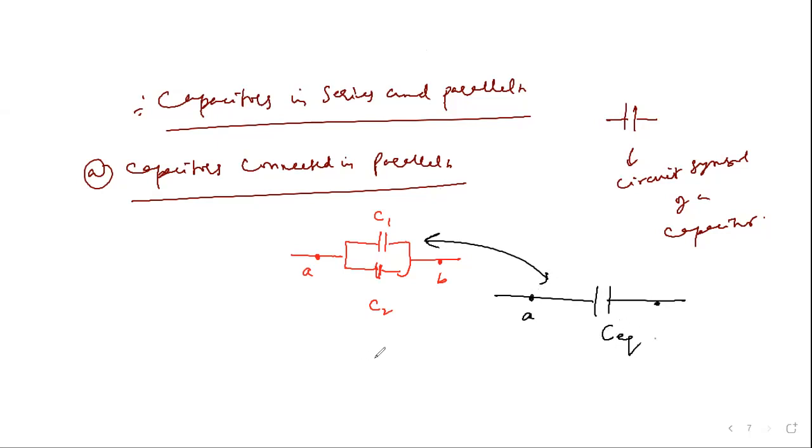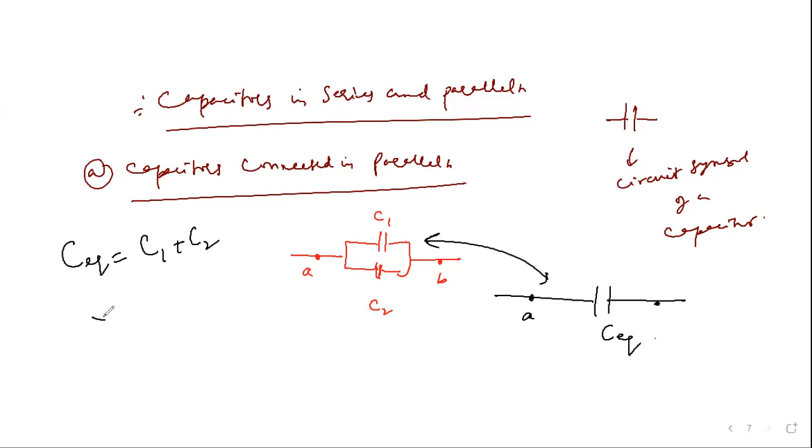C equivalent is the capacitance of a single capacitor, which replaces this combination. Now, how we obtain it? C equivalent is simply the sum of C1 and C2. So in parallel connection, the equivalent capacitance is obtained by just adding the individual capacitances.